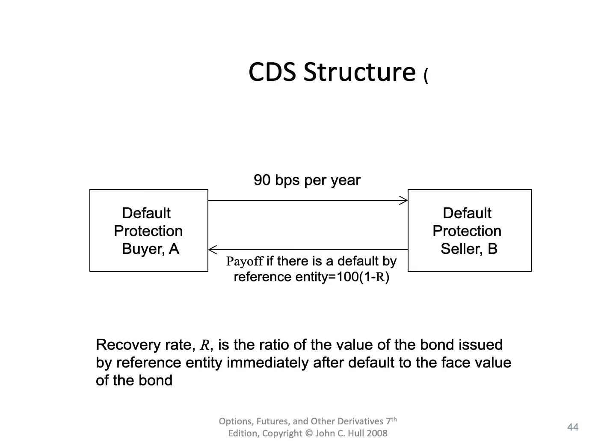Here's a typical credit default swap structure. The recovery rate R is the ratio of the value of the bond issued by a reference entity immediately after the default to the face value of the bond.